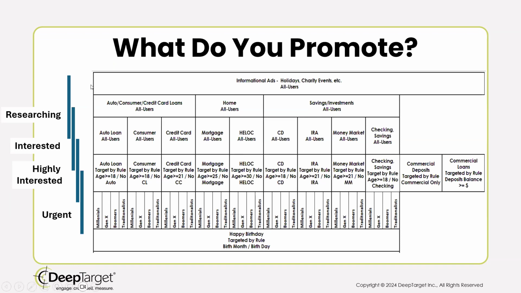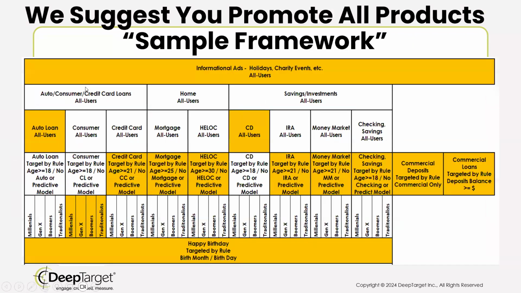Okay. So how might all this come together? So we show you an example of just a sample framework that you might deploy at any particular time. In this particular case, everyone that is part of your organization, your FI, would see your auto loan offers. And maybe you don't have any specific targets, maybe promotions on auto loans this particular month are not incredibly important.